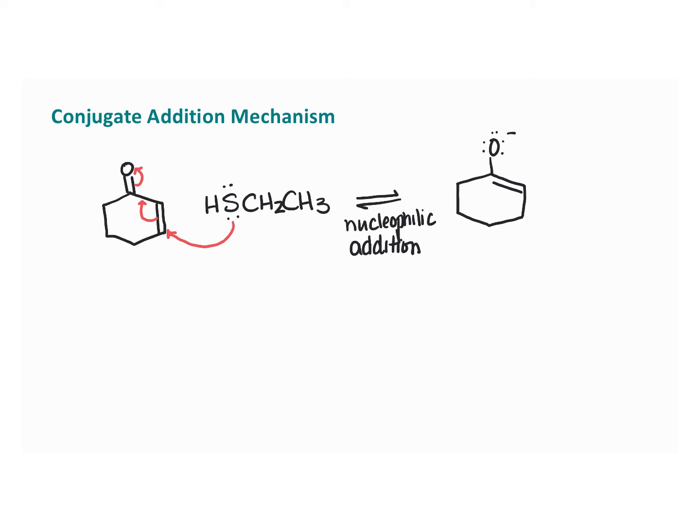We're going to follow our arrows, and we see that the sulfur, the thiol group here, adds to the beta carbon, like that.